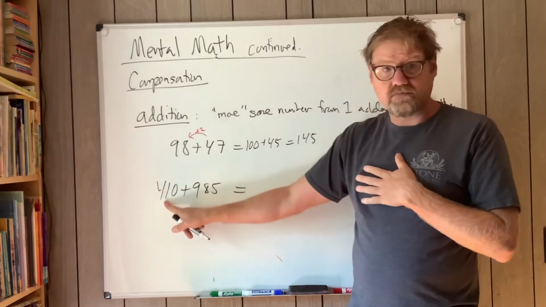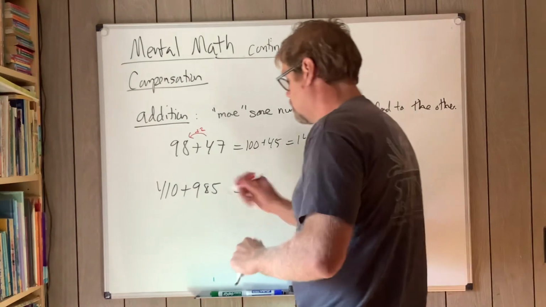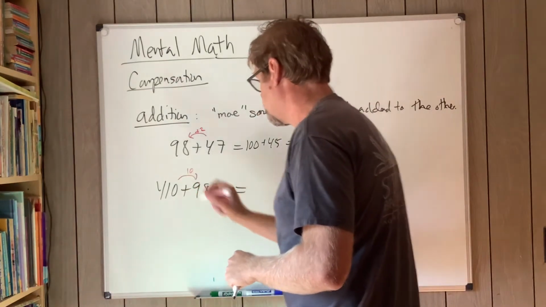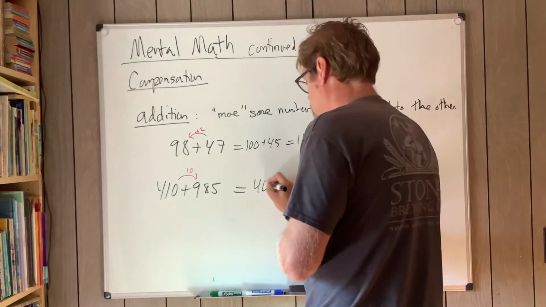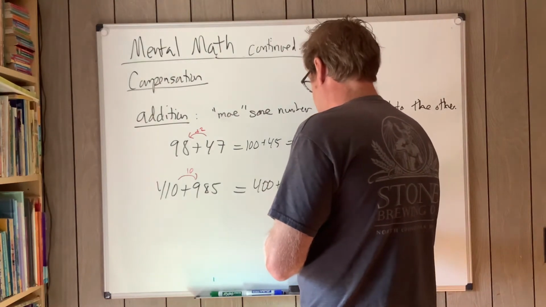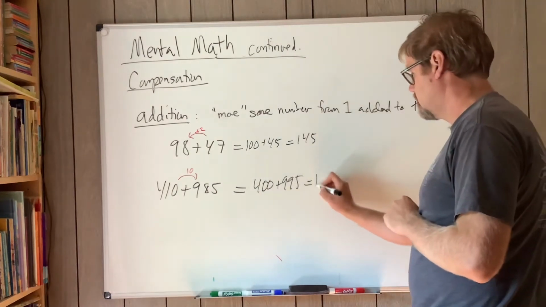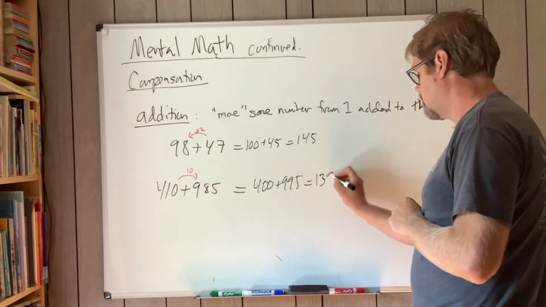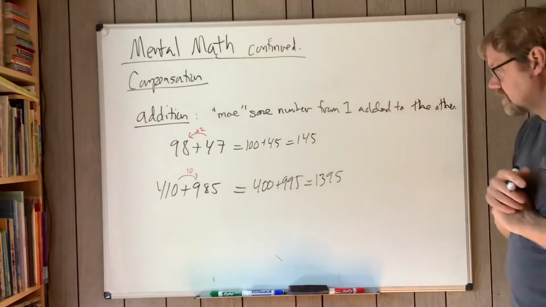That's close to 400. So maybe we'll move 10 that direction, to do 400 and 995, and then you've got 1395.